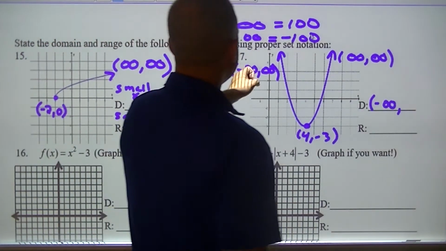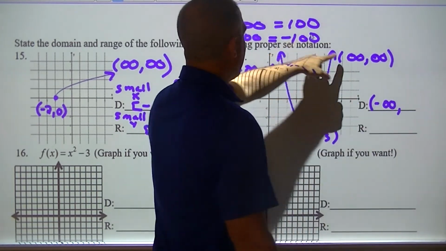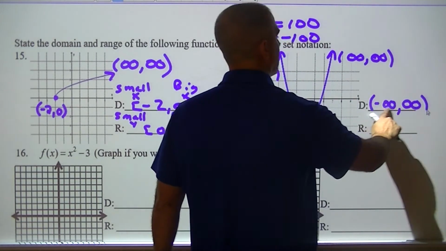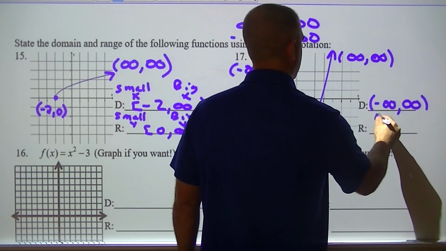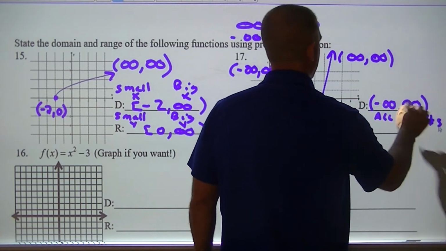So negative 100 is the smallest x value here, and positive 100 is the biggest x value. What this basically means is all real numbers.